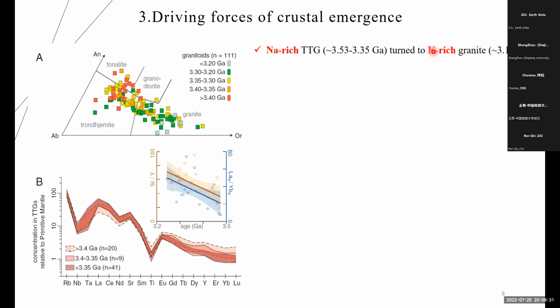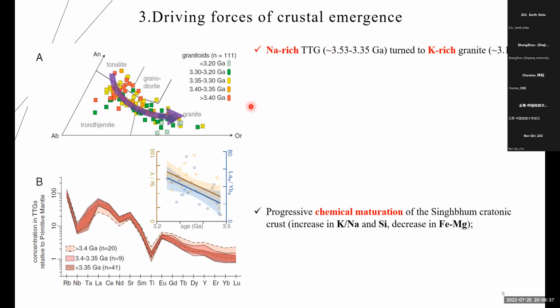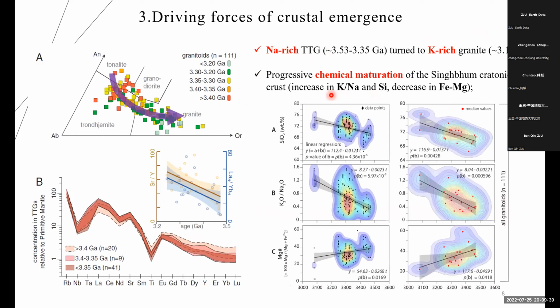They also found an increase in silicon oxide content and a decrease in iron and magnesium content during this period. This is the progressive chemical maturation of this Singbhum craton crust.